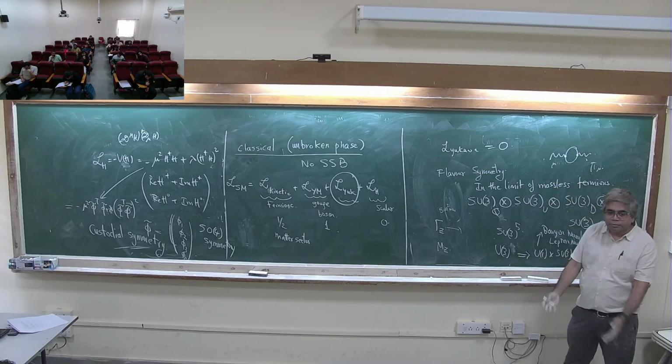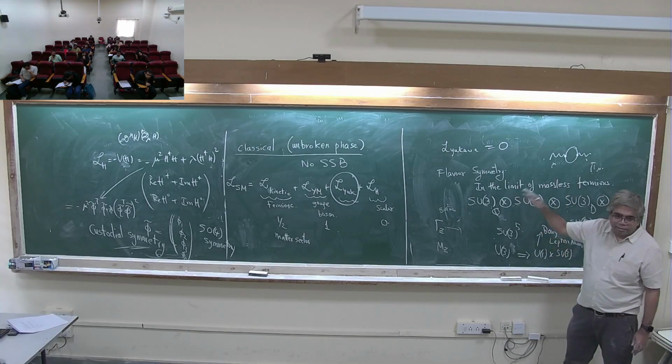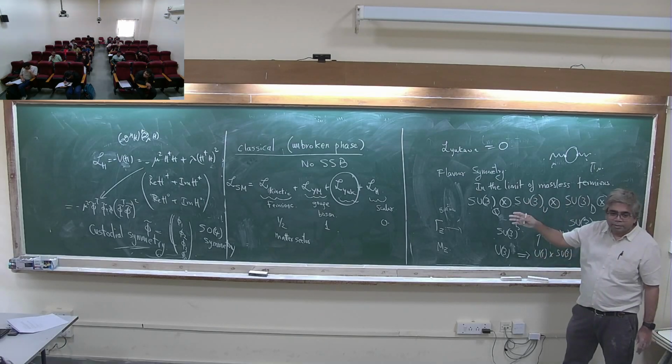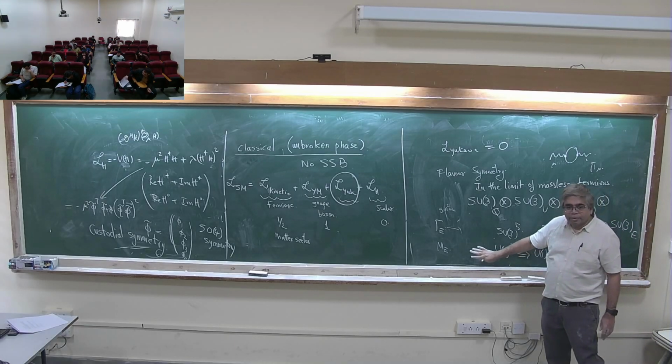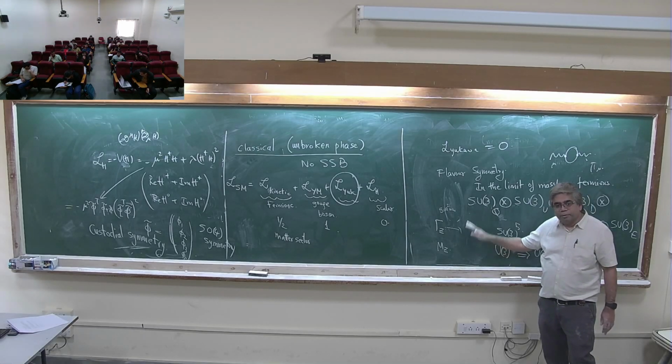Anything which breaks the custodial symmetry will break these precision measurements by a large margin, and that's how you can rule out that particular theory.